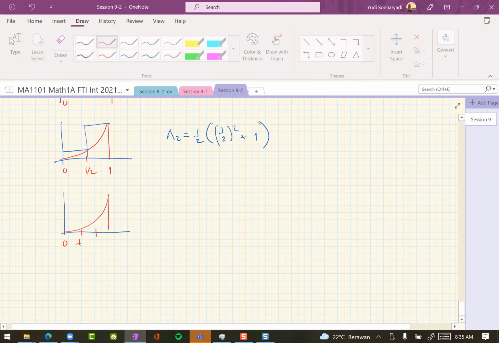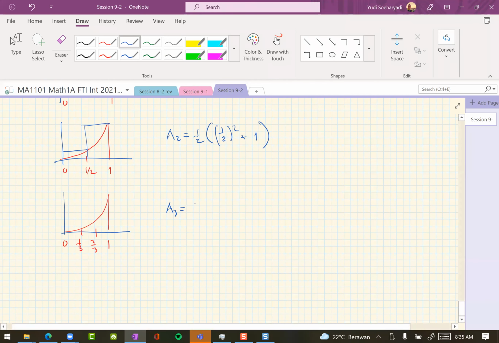Okay, so this is 1/3, 2/3, and this one. So A3 has base length 1/3. Okay, the height. The smallest one is 1/3 squared.